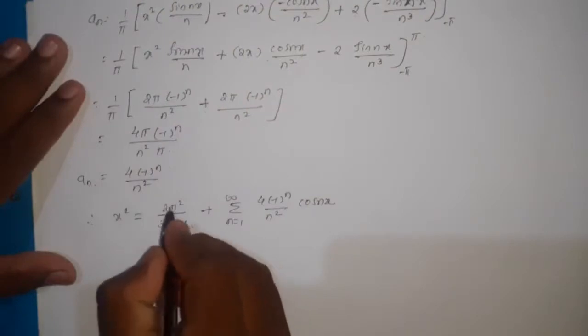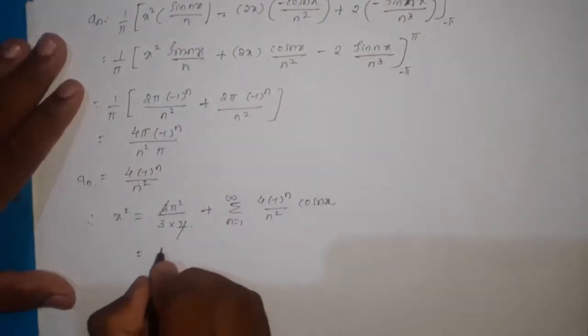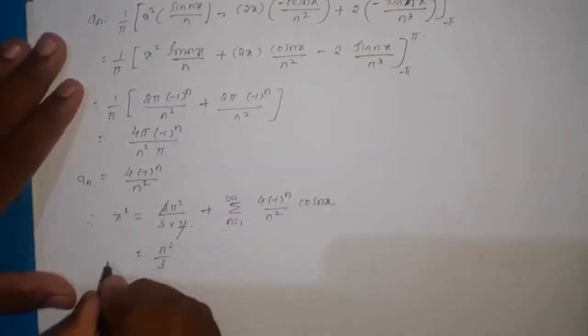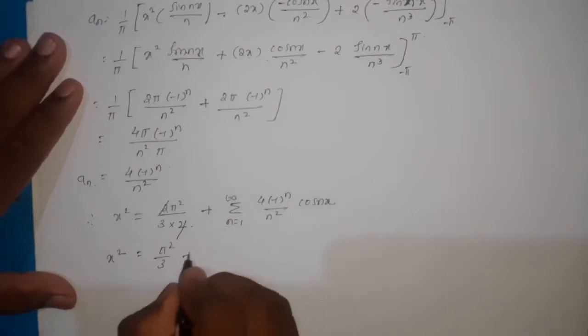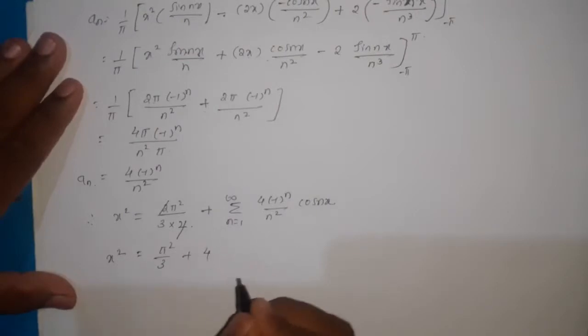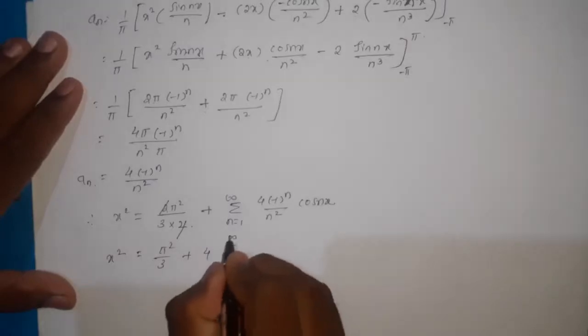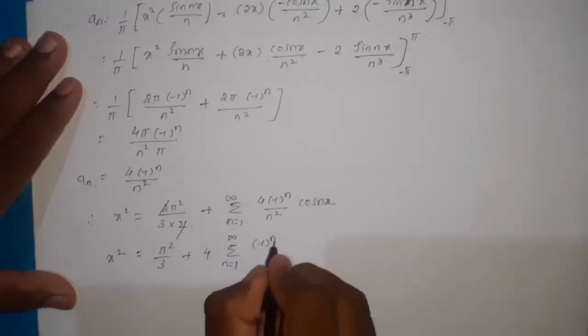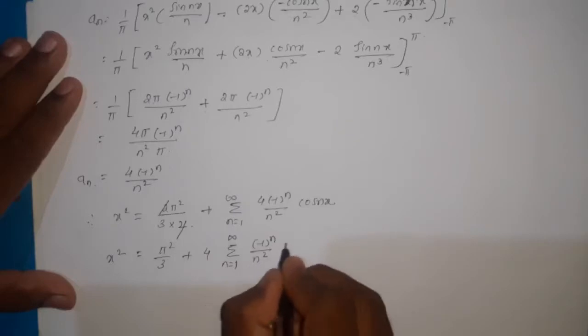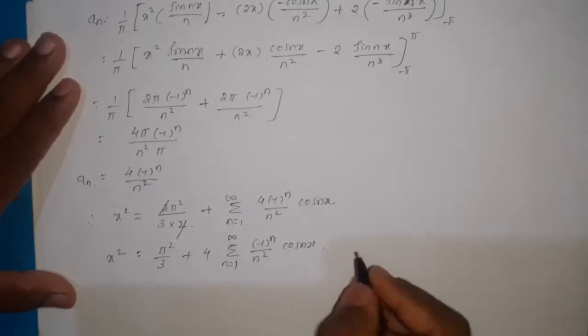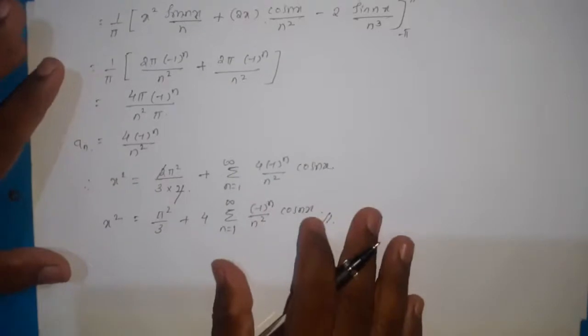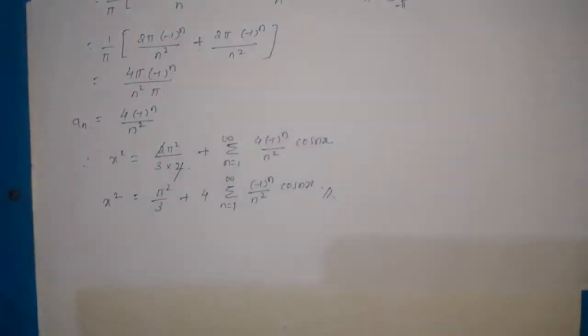So here 2 and 2 get cancelled, it is pi square divided by 3 plus 4 is constant taking outside, then remaining summation n equal to 1 to infinity minus 1 whole power n divided by n square cos nx, which is the required expansion of the function.